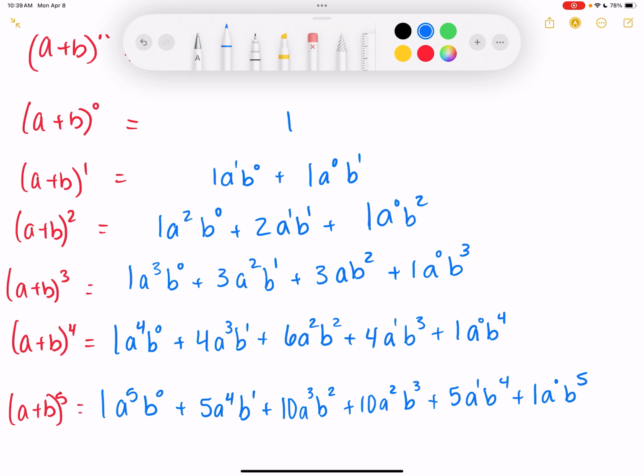So aside from the Pascal's triangle pieces here, just underlining them so you can see them, and we could keep going if we were so inclined. But aside from those pieces, what else do you notice about each of these going across?